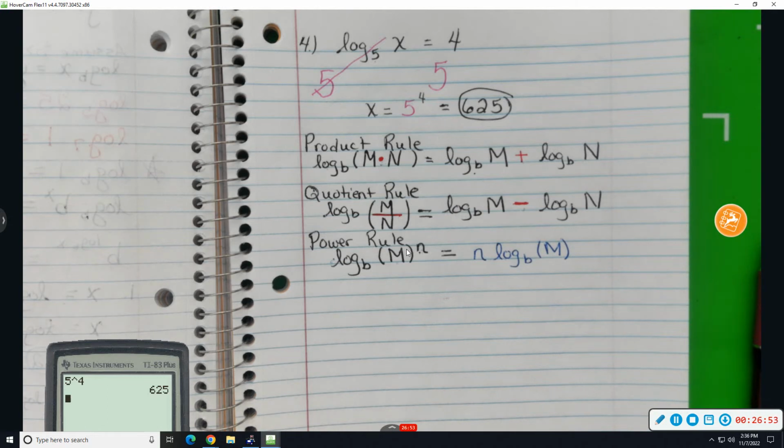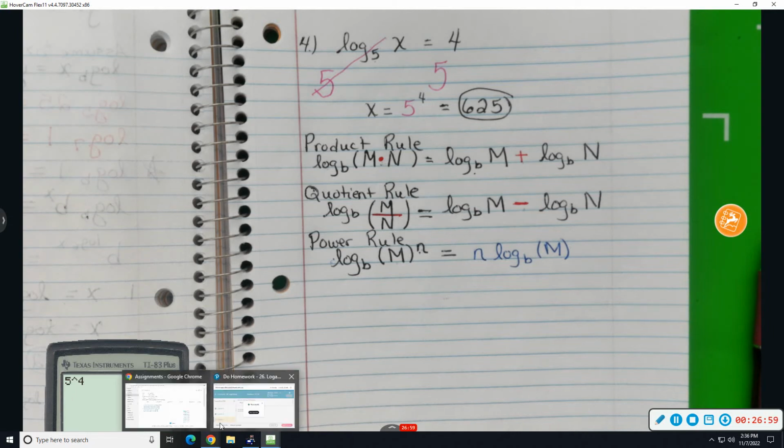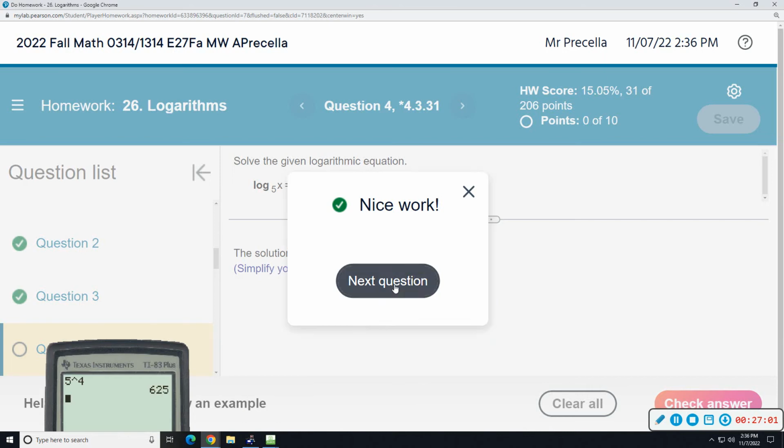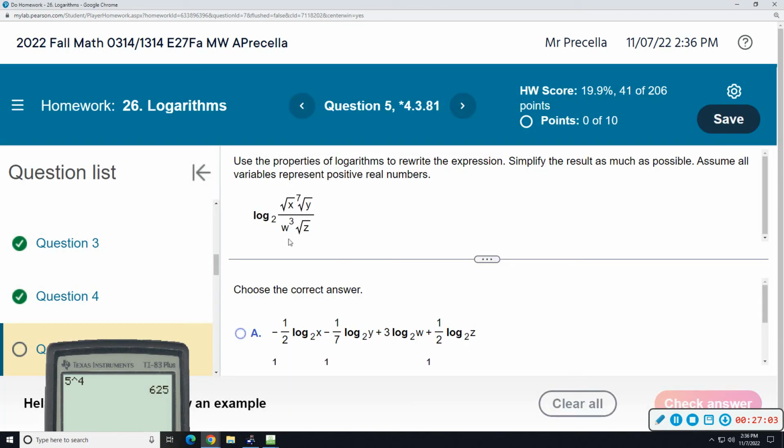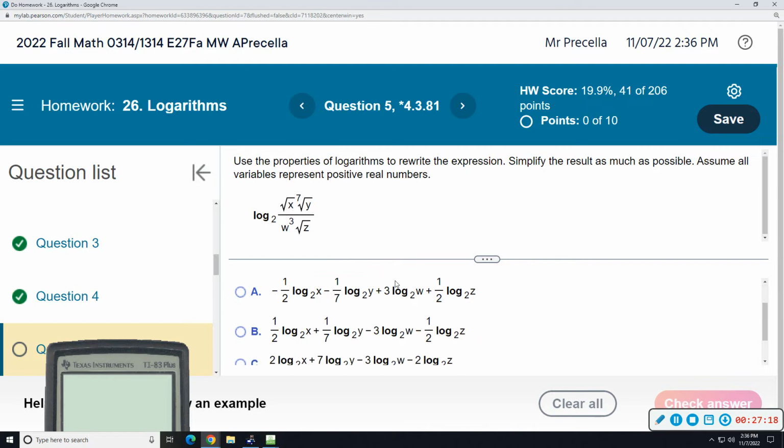What we're going to be doing now, and don't panic, okay? In 30 minutes, this will be easy. Maybe in 20. We're going to start taking huge logarithms, something like this, and then we're going to use those properties, the product rule, quotient rule, and power rule, to do what's called expand the logarithm.